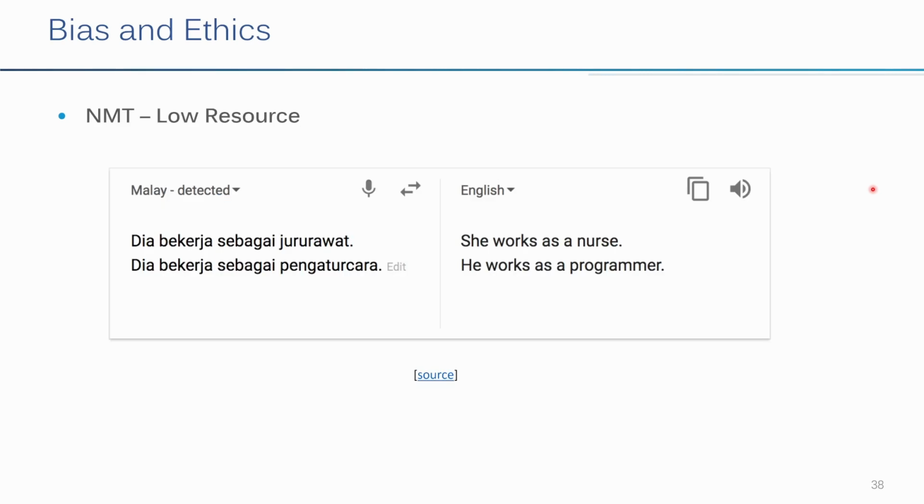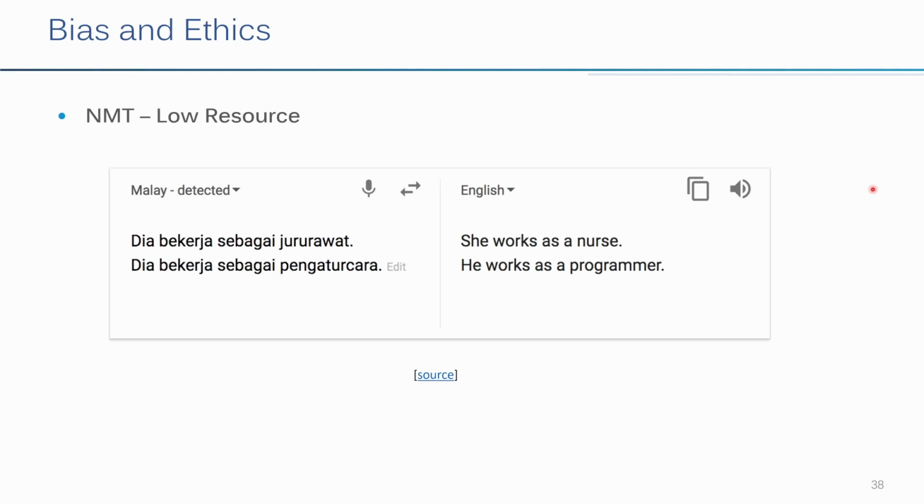Another problem that we saw when we're talking about machine translation, and this usually happens more with low resource languages simply because you don't have enough resources to provide a more complex model to describe the characteristics of your language.